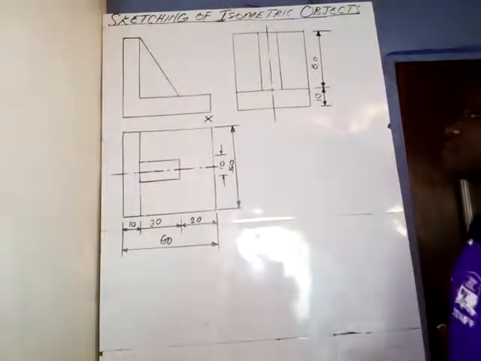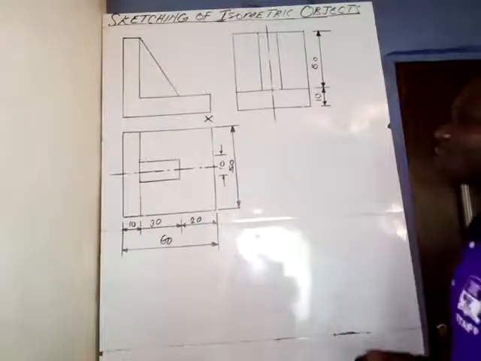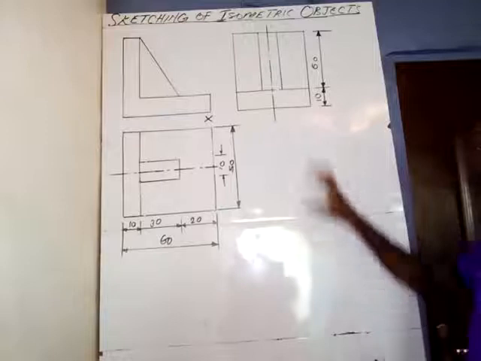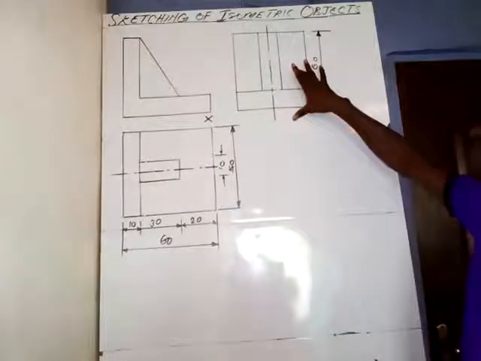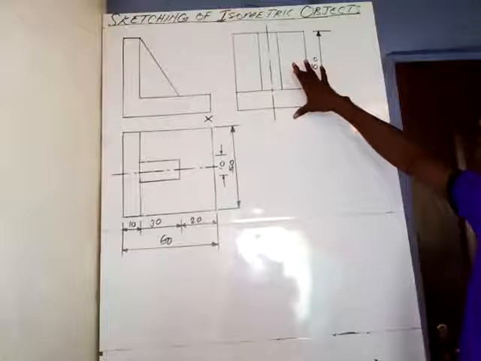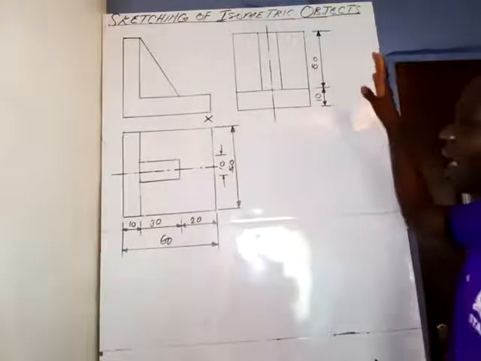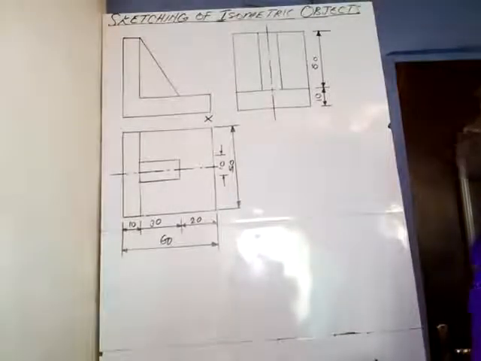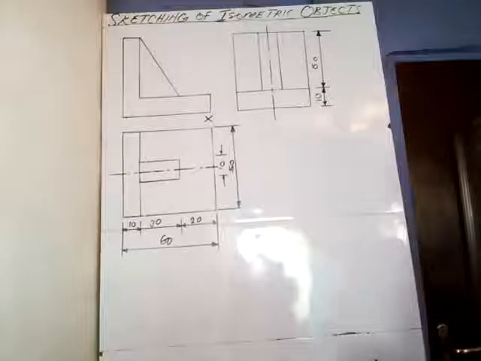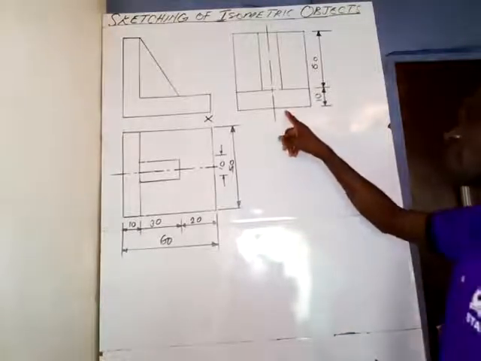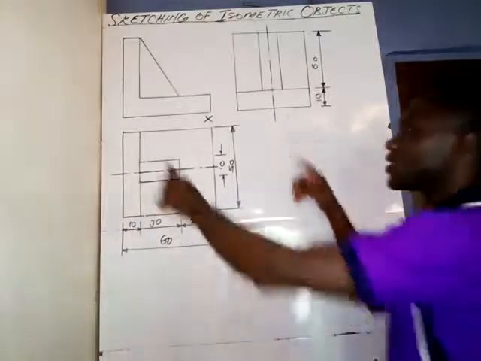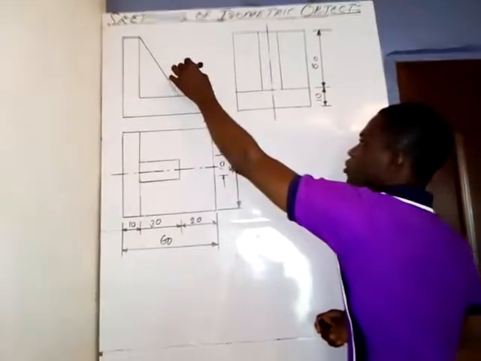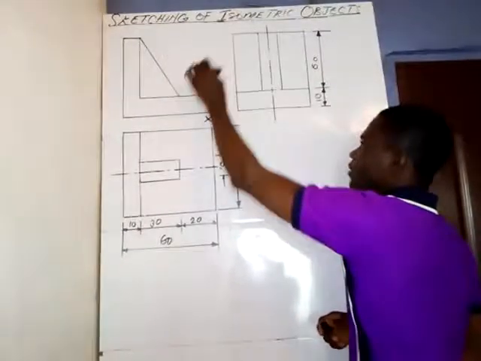The only thing that I put here which is not correct, I will tell you because you need to know, is this view that we have here. This view is the right hand end view or the right side end view. Normally it's not supposed to be in this place. I should have put it behind the front elevation, because this is the front elevation or the front view of this object.